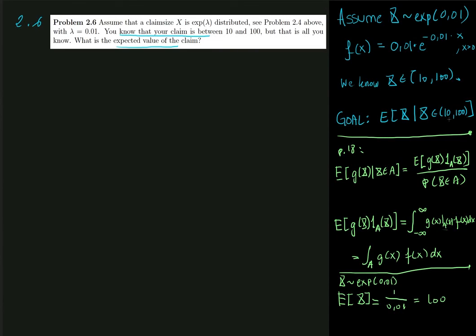But if we only knew that x could be between 0 and infinity, then the mean would be 100. But knowing that x can lie between 10 and 100, we should probably expect that x lies somewhere that's more between 10 and 100 than the value 100. So next video, we will start looking at the solution.